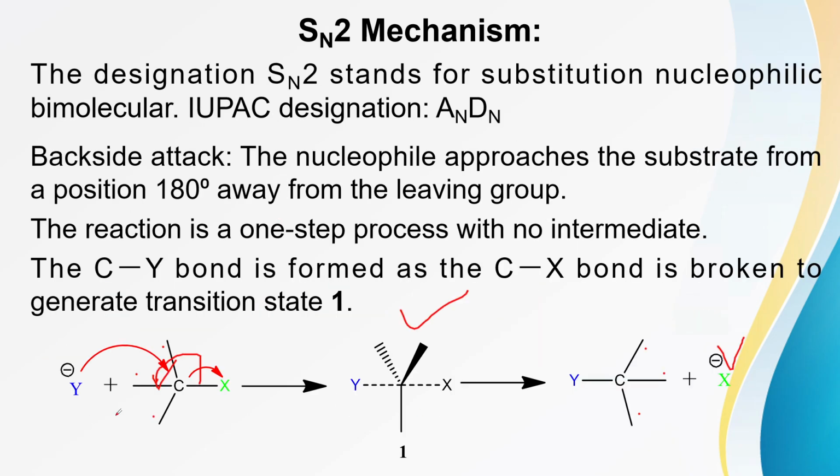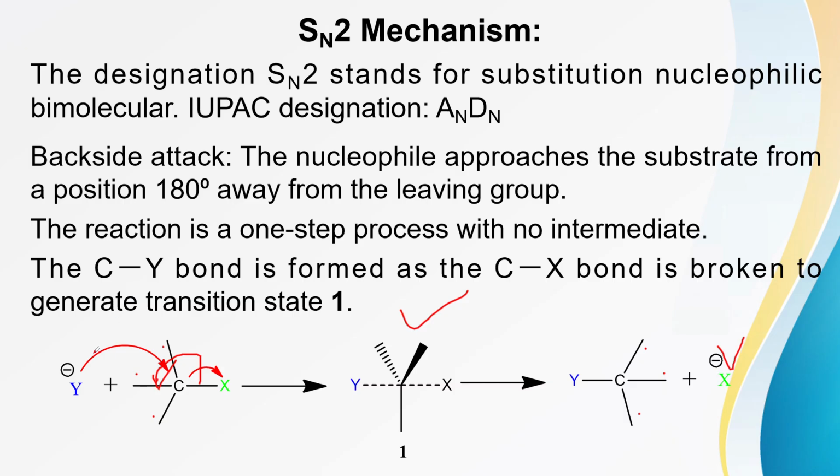Another thing that comes to mind is that we know bond breakage requires energy. So where does the energy come from to break the C-X bond? This energy is supplied by the simultaneous C-Y bond formation. We know that bond formation releases energy and bond breakage requires energy. To break a bond, we have to provide energy, and during bond formation energy is released.